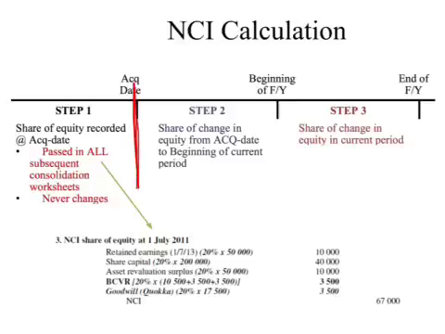So similar to the principle of calculating the parent share of the subsidiary's equity at acquisition date, we take the equity that existed in the subsidiary on acquisition: their retained earnings, which was 50,000, the share capital of 200,000, the asset revaluation surplus of 50,000, and then the BCVR that was created as part of our first step of the consolidation process to show the assets and the liabilities of the subsidiary at fair value.